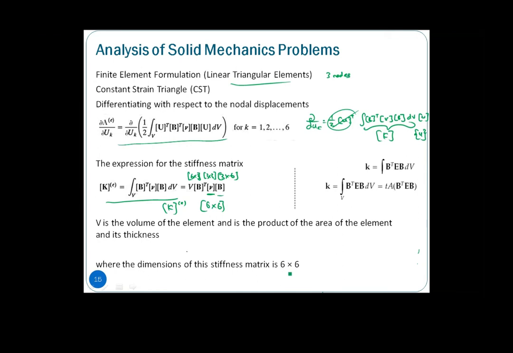So here we are talking about one element itself. We have three nodes, and each node has 2 degrees of freedom. Then our total stiffness matrix will be a 6 times 6 matrix, basically 3 times 2. So our stiffness matrix is a 6 times 6 matrix for a linear triangular element, or what we call here the constant strain triangle.